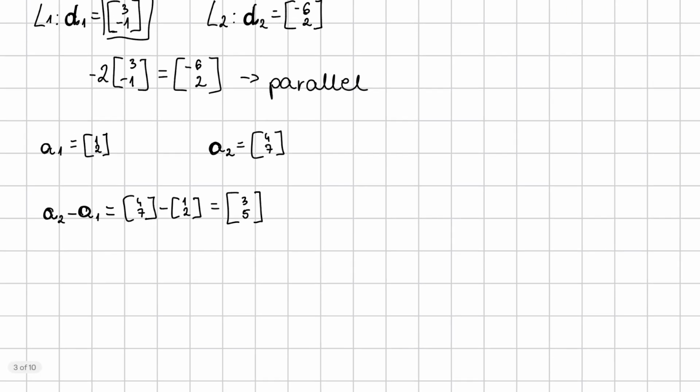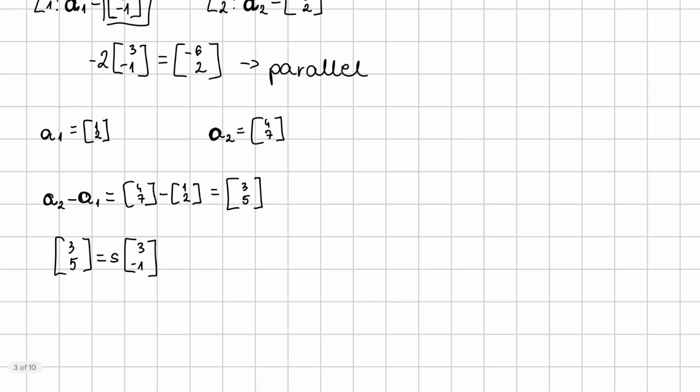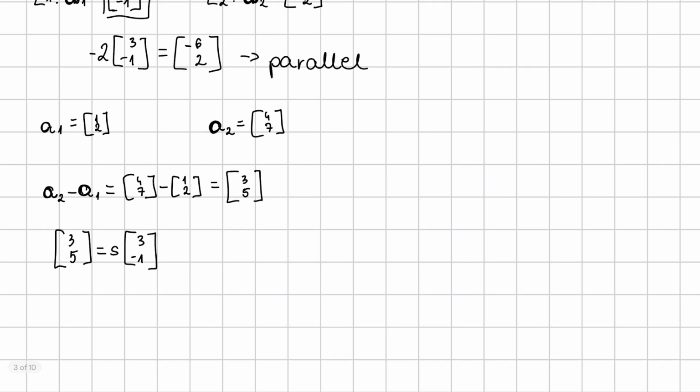So we have to check if (3, 5) equals S times our D1 vector, (3, -1), and we have to find the scalar S. So we have two equations: 3 equals S times 3, and 5 equals S times minus 1.